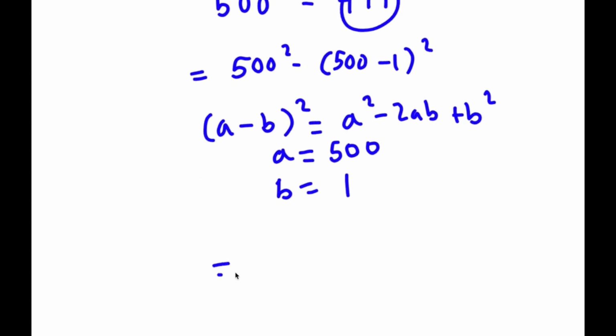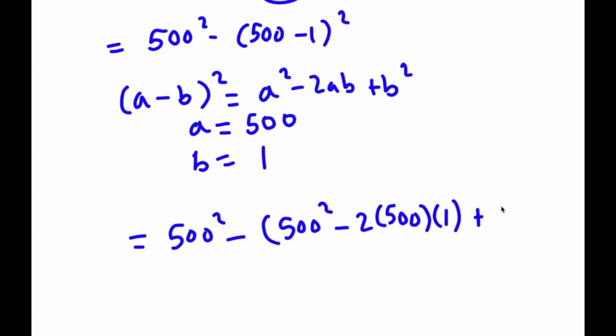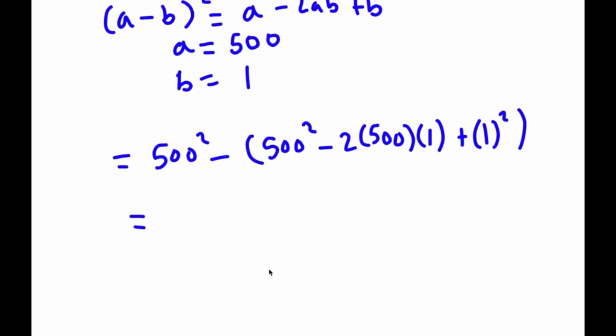So now this is going to equal 500 squared minus (500 squared minus 2 times 500 times 1 plus 1 squared). Now I'm going to go ahead and simplify this.